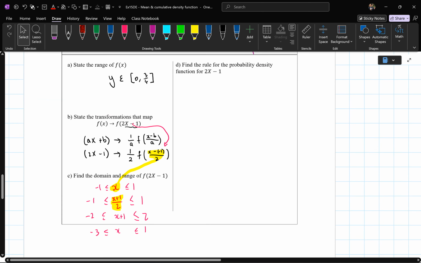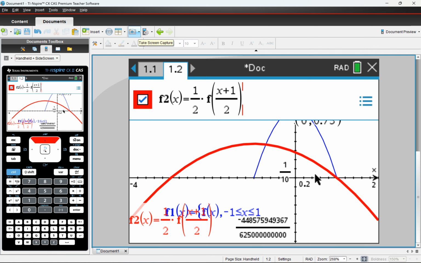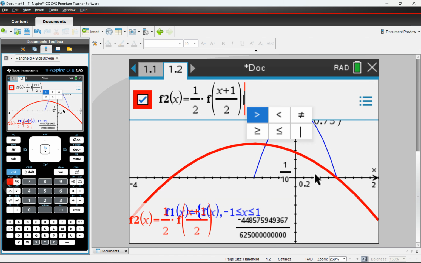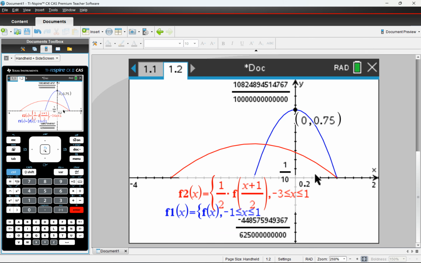On a visual aspect, that means I can reduce this graph to 0, -3 to 1. That's what the graph would look like. So in that transformation you can see that to the left and then compression as well.